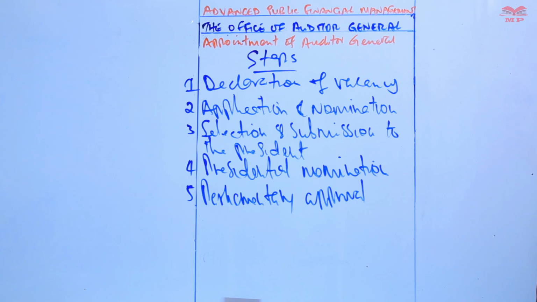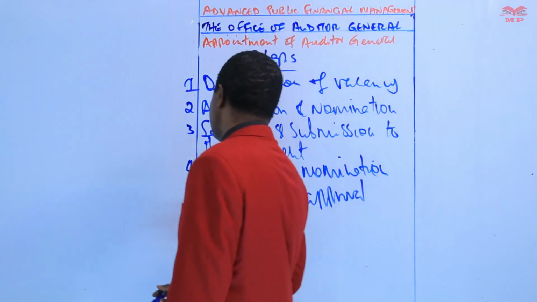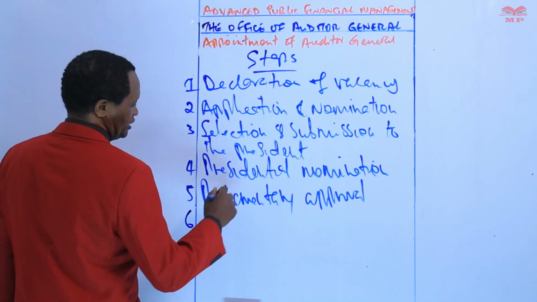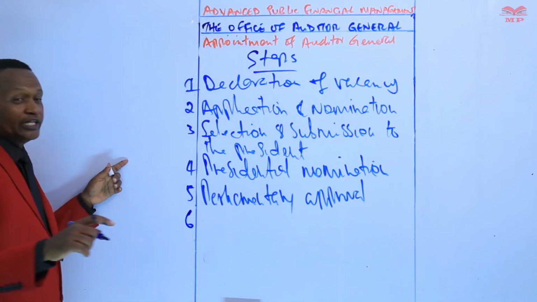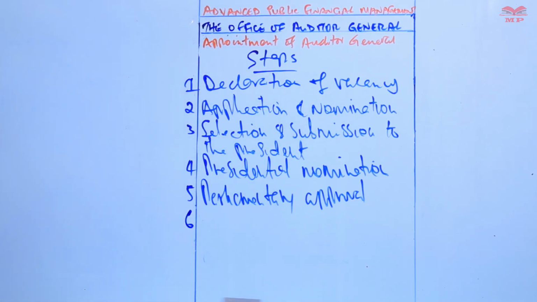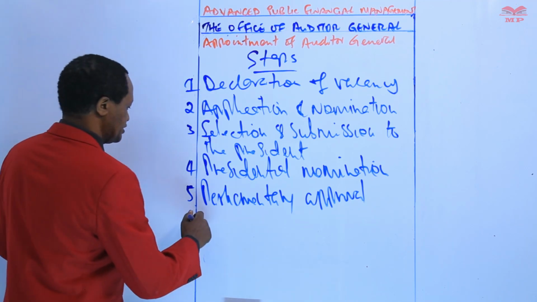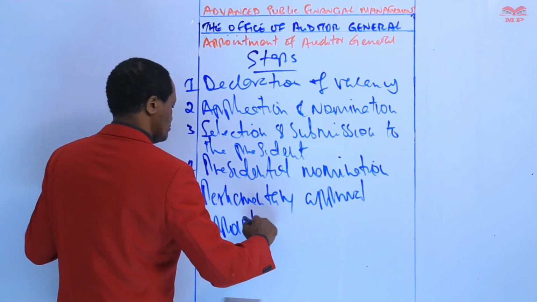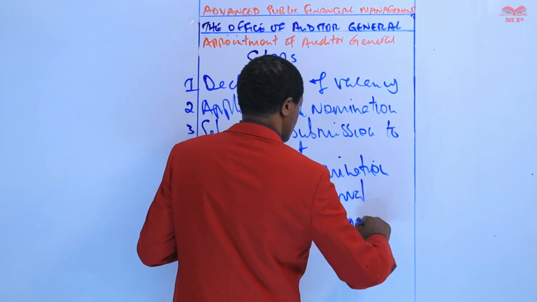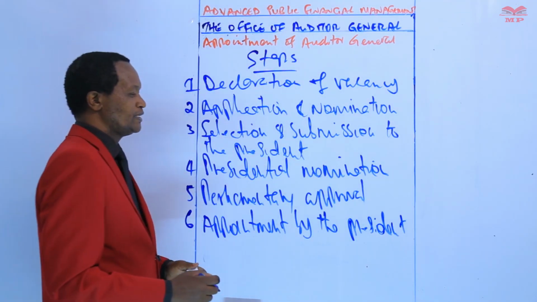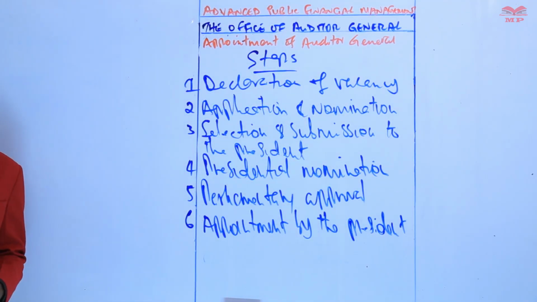After which we move to the 6th stage, which is the appointment by the President. If the Parliament approves the nominee, then we have appointment by the President.